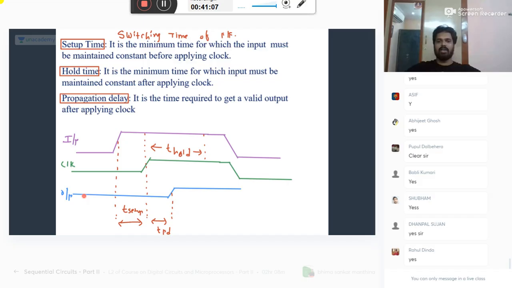Okay, so let's start understanding this timing diagram, or what we call switching times of the flip flop.